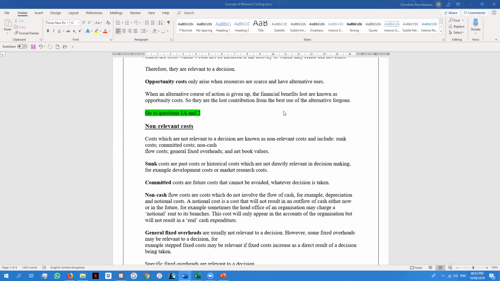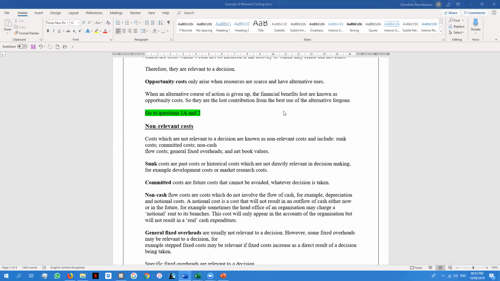Now that is an example of a notional cost. It does not actually give rise to cash flow, meaning it's not as though each of the offices literally must pay for it. It is simply being charged to the offices to let them be aware that there is a cost of using the photocopying department, but they are not actually paying for it.